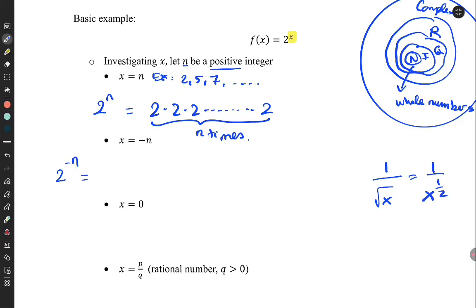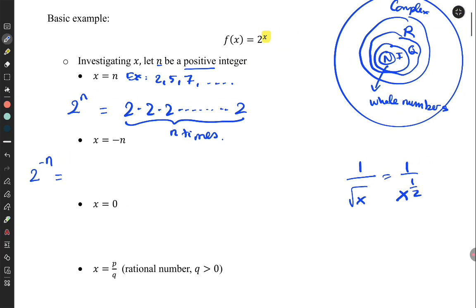And what did you do to that 1/2? Yep. Okay. So now when you have a negative exponent right here, you can rewrite it in this form. So if I rewrite, it's like that.